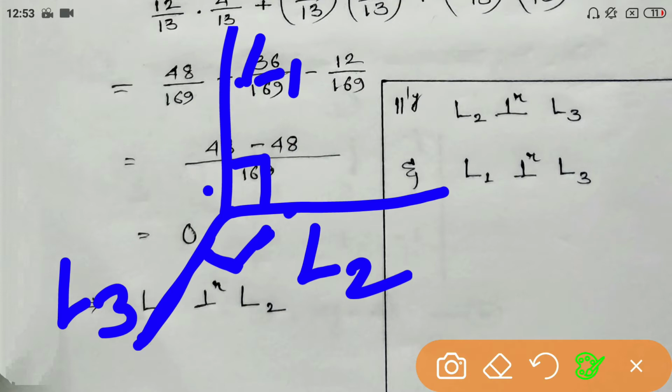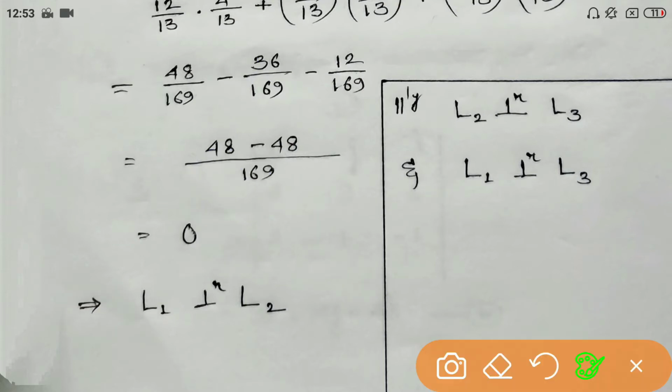So for that you have to show L1 perpendicular to L3. Understand? So if all are coming as 0, you can say they are mutually perpendicular. If any one of them doesn't come 0, you will say all are not mutually perpendicular. Only where you are getting 0 after doing the calculation, those two will be perpendicular.